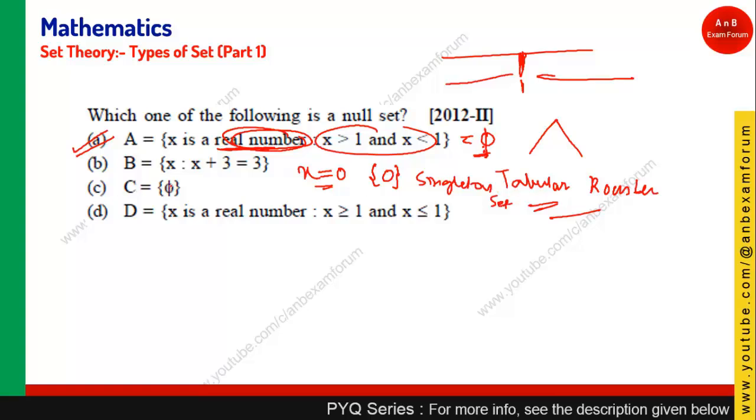Again, this is a singleton set, since it is a set which has a null element, so this is again a set, not a null set. Coming to this, x is a real number, x is greater than or equal to 1 and less than or equal to 1. So 1 is the number which you can represent in this set. So D equal to 1, again this is a singleton set. So option A is the right answer.